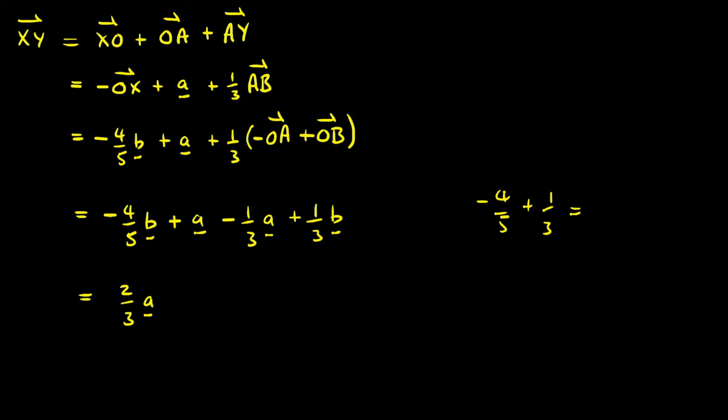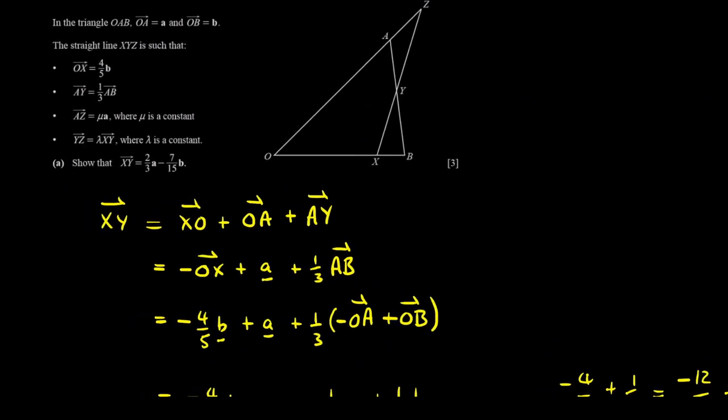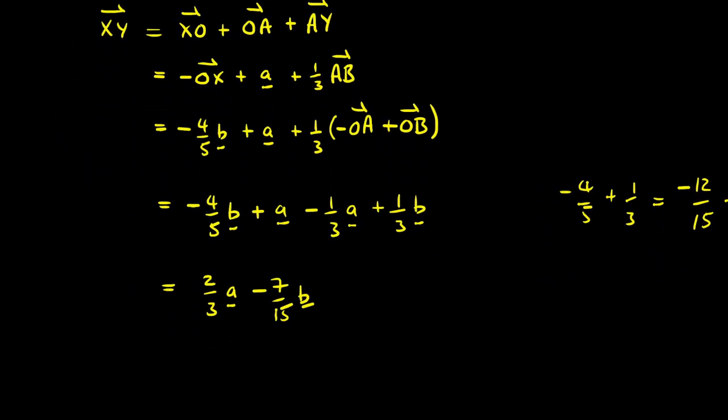So I'm going to turn the fifths into 15ths. So it's minus 12 upon 15 plus 5 upon 15, and that's negative 7 upon 15. So that's minus 7 upon 15 B. Now is that what we were asked to show? Yeah, 2/3 A minus 7/15 B. That is our answer.